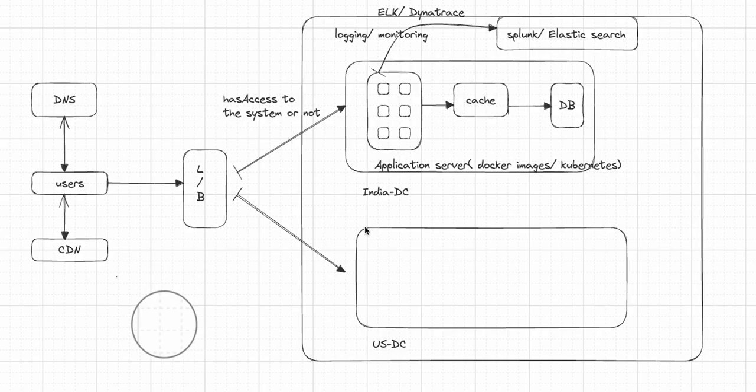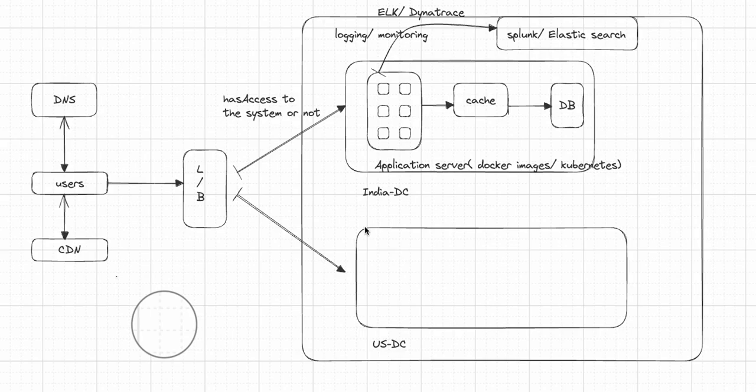How much time did it take the pod to restart? This is all logging and monitoring. We call it observability, and Prometheus and Grafana are used out of the box if we are using Kubernetes, but there are other logging and monitoring tools also like Dynatrace.